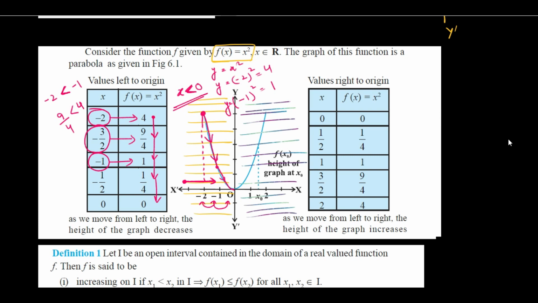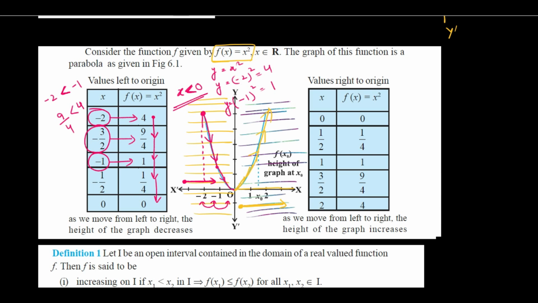Here you can see the value as we move from left to right, from the origin, in this direction, means 0 to 1, 1 to 2, 2 to 3, 3 to 4, like this. Then you can see the height of the graph is continuously increasing.